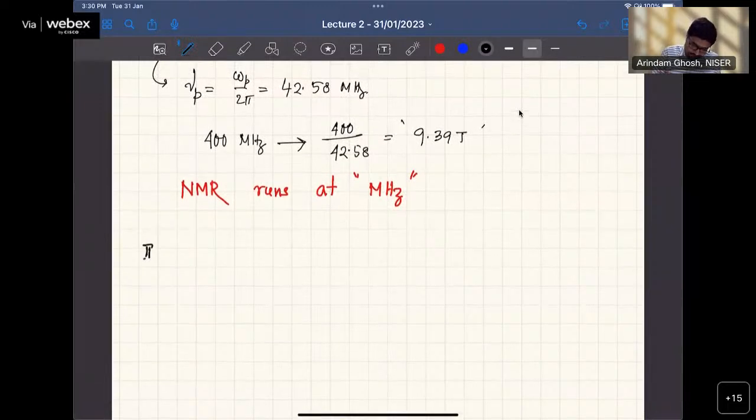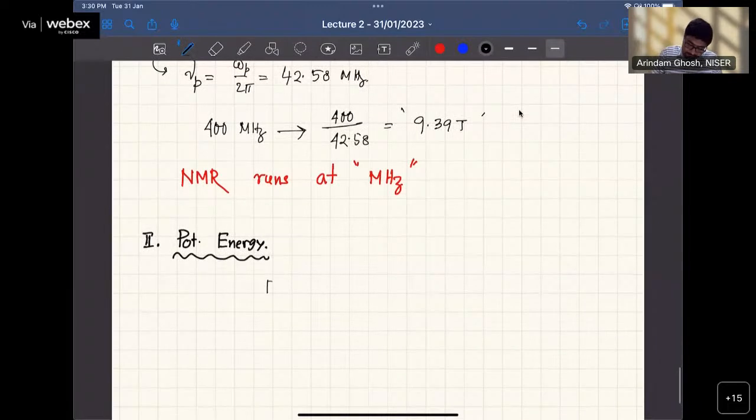So the second thing that we had is this potential energy. It is given that the interaction energy E between a magnetic field and a magnetic moment is given by minus mu dot B. You can clearly see that mu cross B, the cross product, was the vector, the torque, whereas mu dot B, the dot product, is going to be a scalar quantity after taking the dot product between two vectors.